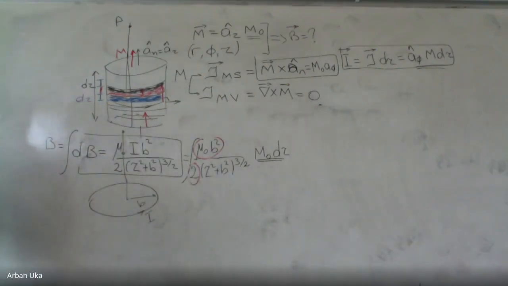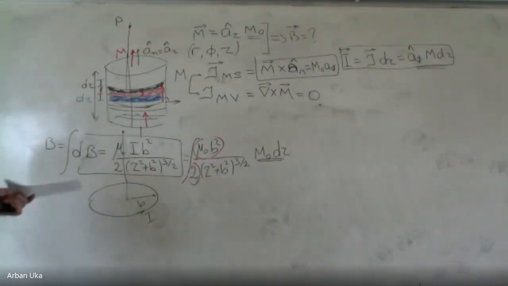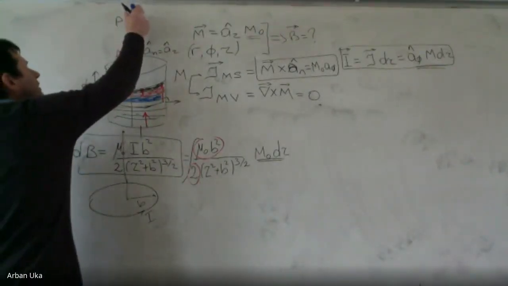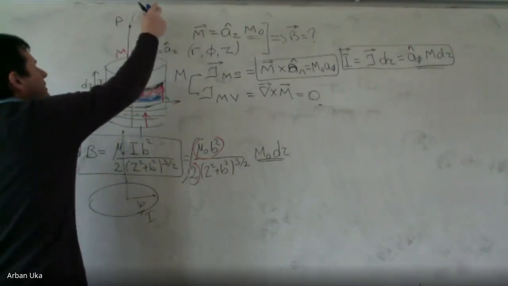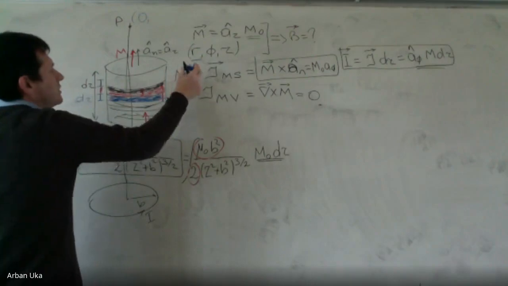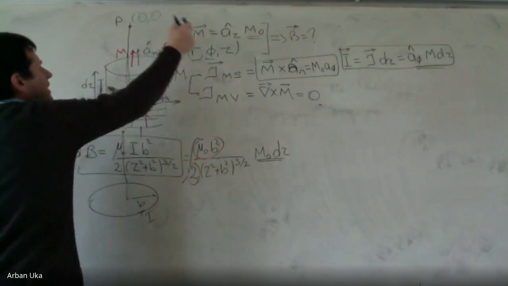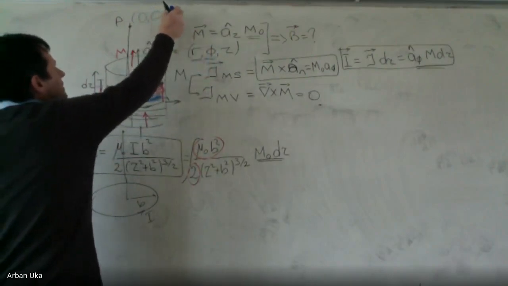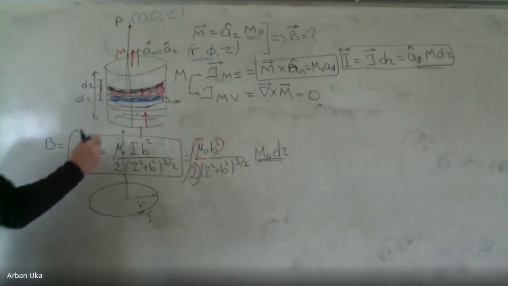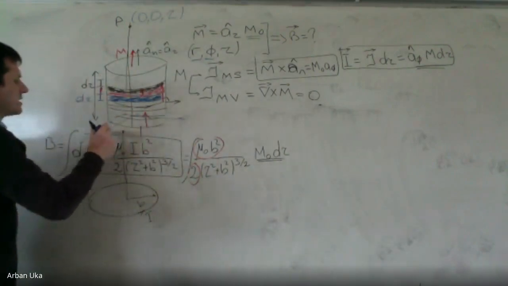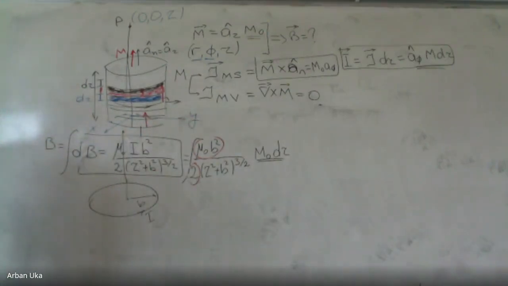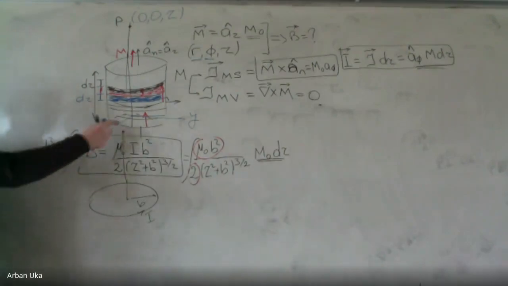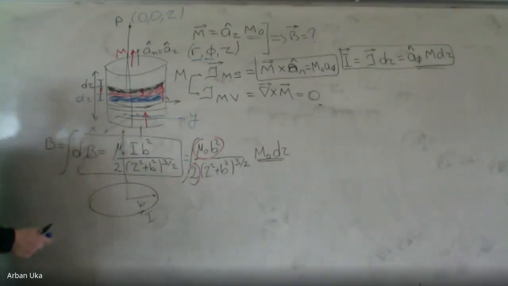Let's assume that the coordinates of point P are: the radius is 0, phi is 0, and let this be z. And let's assume that the bottom of this cylinder is lying on the xy plane. Then when we integrate all of these currents, where are the currents located?